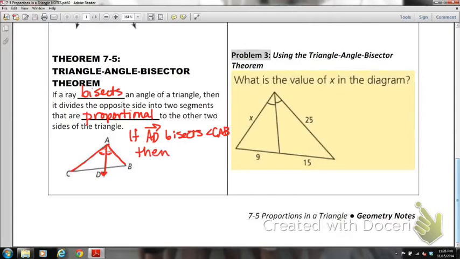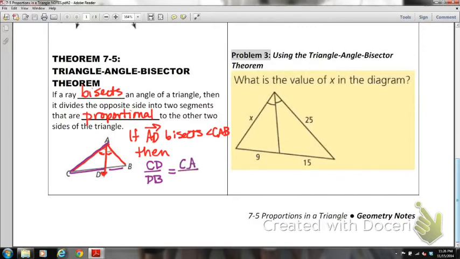then segment CD over DB equals, since I named CD first on the left side, I have to go back and name the side of the triangle that's adjacent to CD, which is CA.